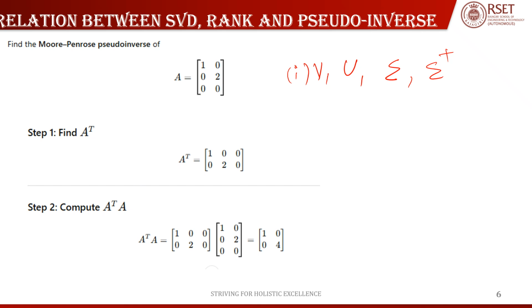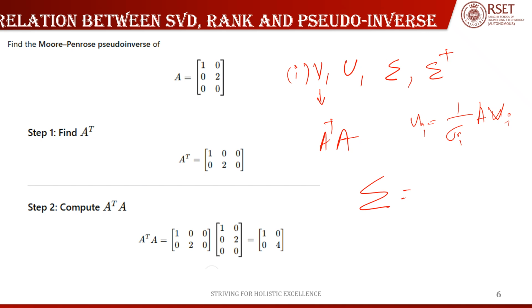To get V, we need A transpose A, get the eigenvalues, the singular values, then the eigenvectors, and arrange them column-wise to get V. And U_i is equal to 1 by sigma_i times A V_i, which we have already discussed, and we also know sigma, writing the diagonal entries.